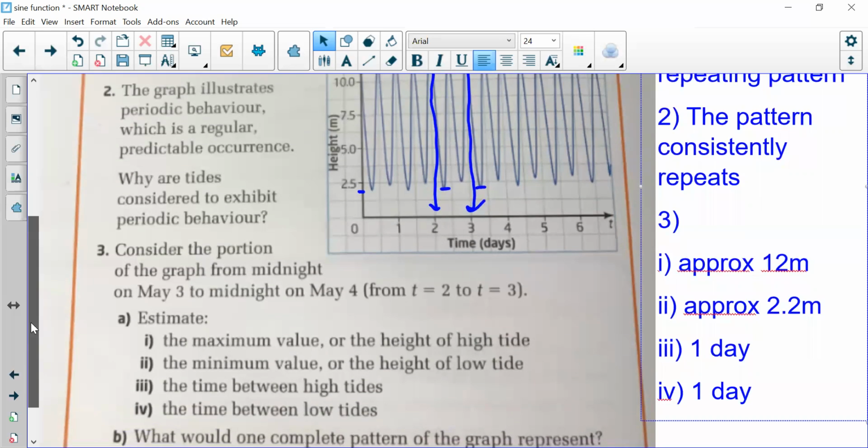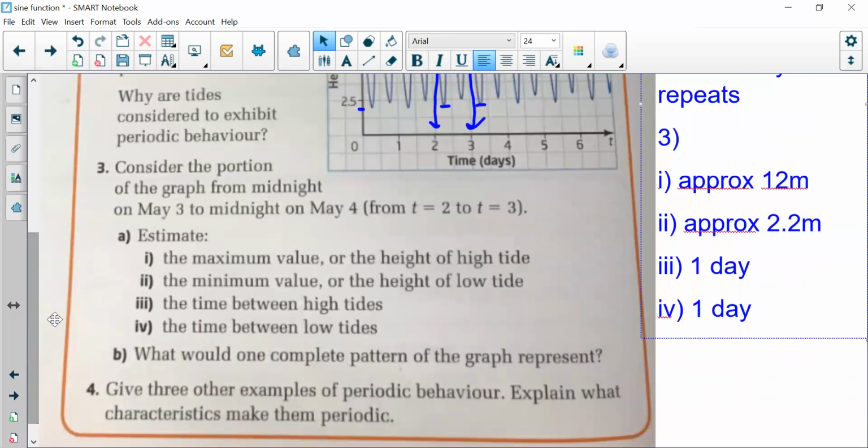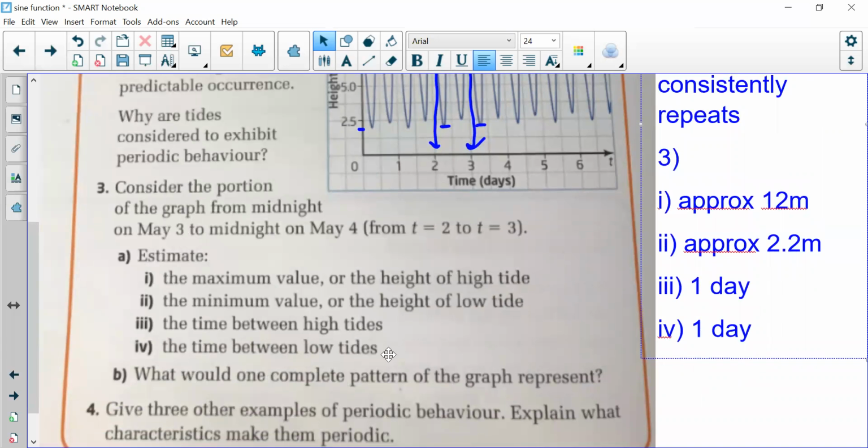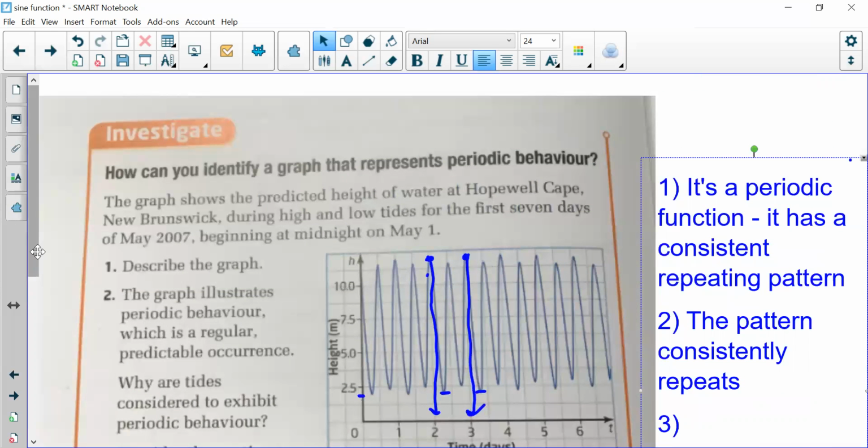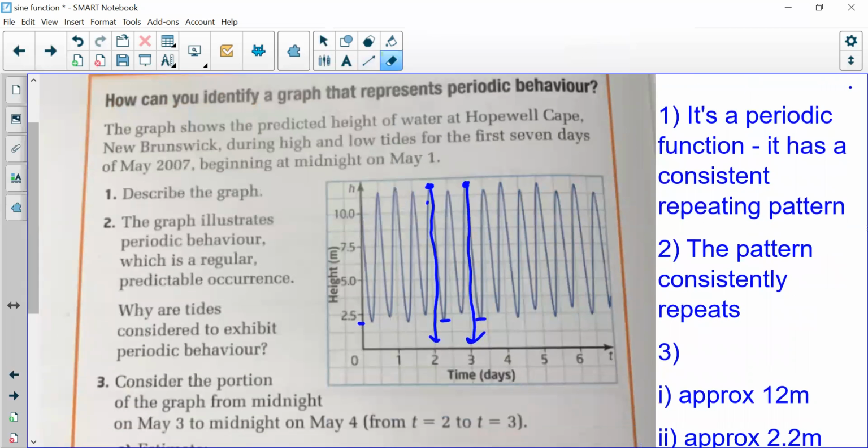Part B says, what would one complete pattern of the graph represent? Let me show you here on the graph. A complete pattern, or a cycle, is one set of the repeating pattern.